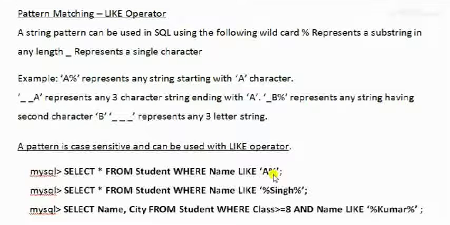Okay. See the next example. Select all from student. Student is the table. All is all fields where name like mod Singh mod. What would be the question of this SQL command? Can you guess?